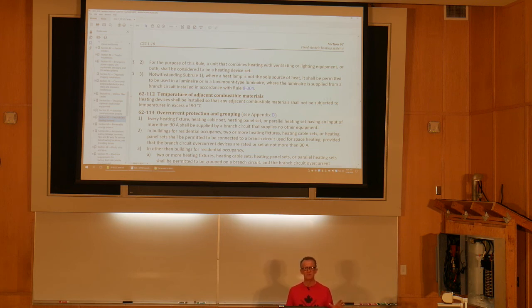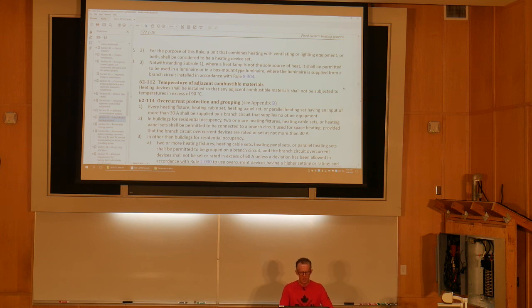So in a bathroom type scenario where you have a fan with a light, etc., that's what they're talking about there in Subrule 2. Then 3, notwithstanding Subrule 1, where a heat lamp is not the sole source of heat, it shall be permitted to be used in a luminaire or in a box mount luminaire where the luminaire is supplied from a branch circuit installed in accordance with Rule 8-304.